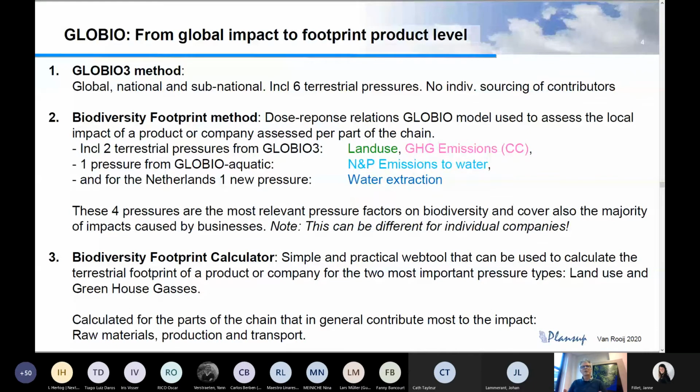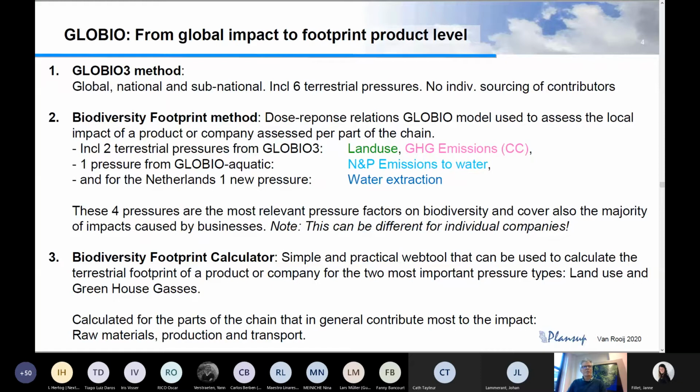So if you're a company, you're just part of the contribution to the impact. So the GloBio 3 method doesn't look into that. But the biodiversity footprint method does, and it takes the most relevant factors, the most important factors, and that's land use, greenhouse gas emissions, and nitrogen and phosphorus emissions to water, and water extractions.